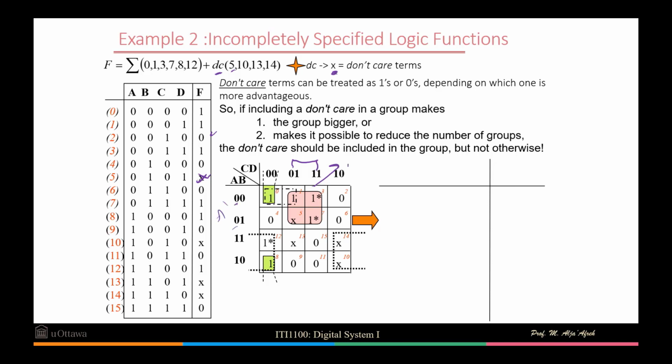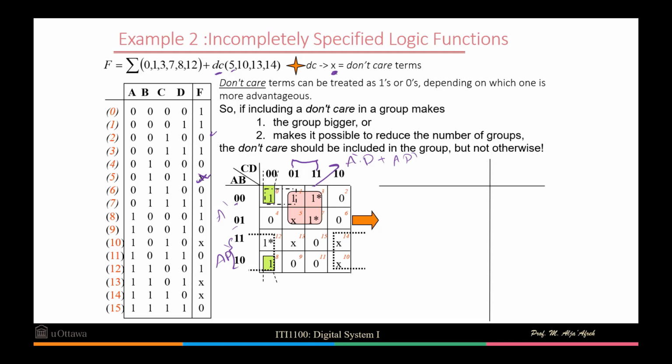So I put A prime and I have to multiply it by what's not changing horizontally, which is D. So A prime D is, I know for sure, an essential prime implicant. And for this gentleman it's going to be A, and what's not changing when I go here? D prime. So AD prime, for this one that is plus AD prime.